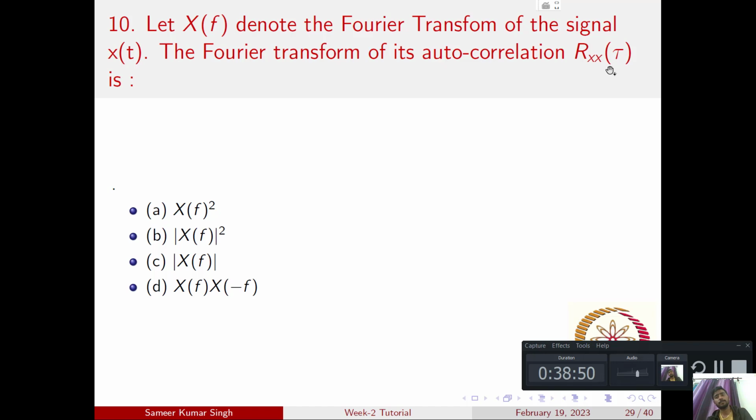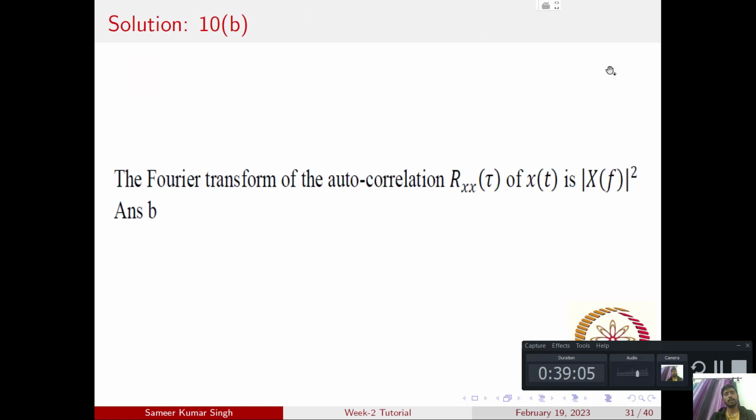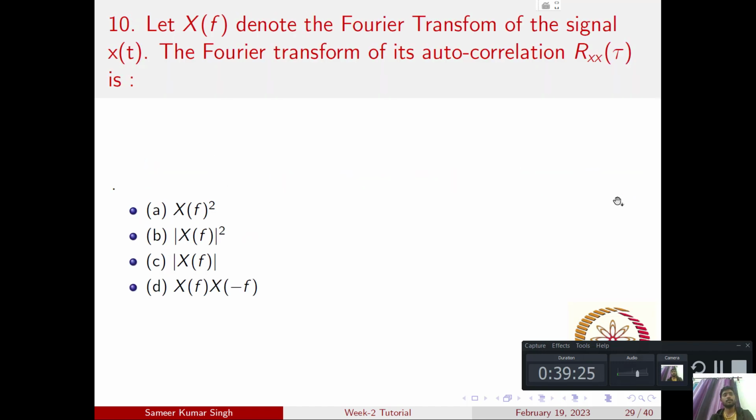The answer of this question is part B. In autocorrelation we take the correlation of the same signal, so it becomes the multiplication, and that is the mod X(f) square. So the answer will be part B.